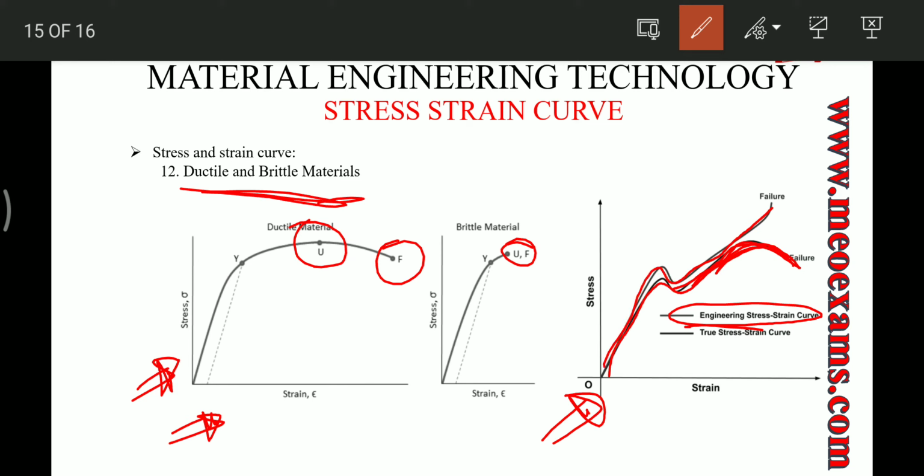Okay friends, from this point, when necking takes place, or when there is reduction in the cross section area of the material, this reduction in the cross section area is also taken care of in this true stress strain curve.